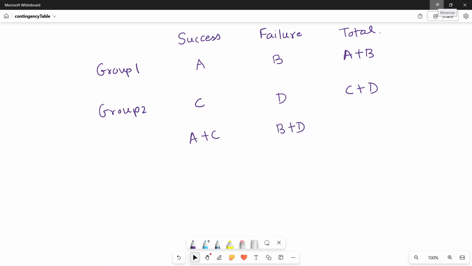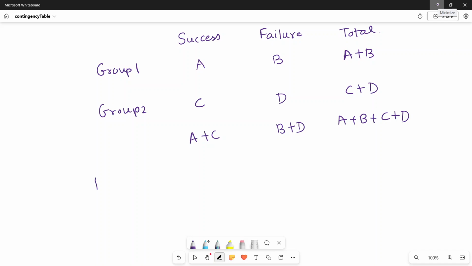Now let's do some very simple probability calculations. The total number of students that we have here is A plus B plus C plus D. Given this total, if you randomly pick a student, what is the probability that the student belongs to group 1?